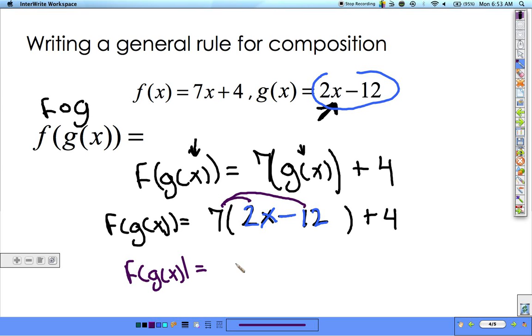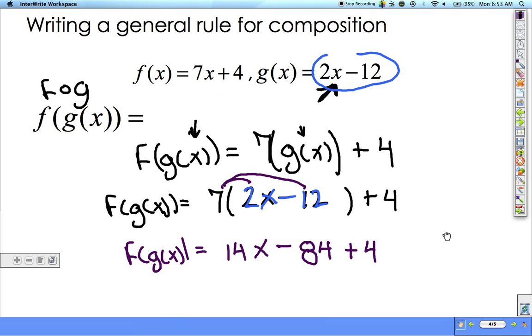So 7 times 2x is going to be 14x minus 7 times 12, which is, let's see, 84. And then, of course, plus 4. Now I'm almost done. The thing I have not done is clean up by combining any like terms that I need to.